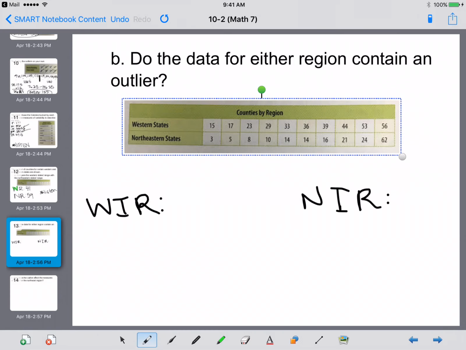So we'll start with the western, find our median, top, bottom, top, bottom. It's in between 36 and 33, which would be 34.5. That's not the interquartile range though. Oops. That's just the median.